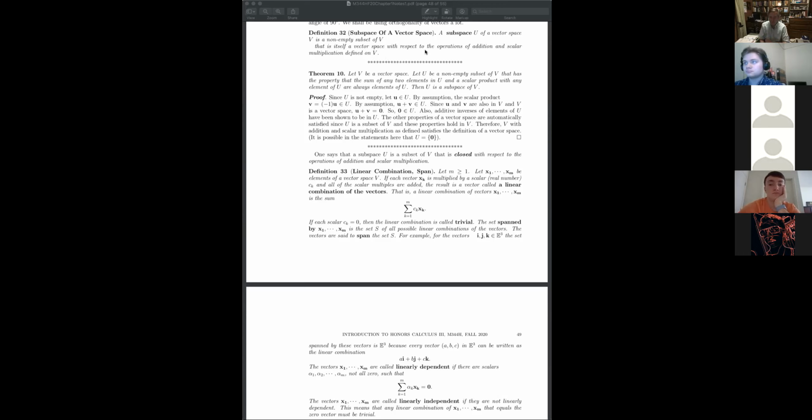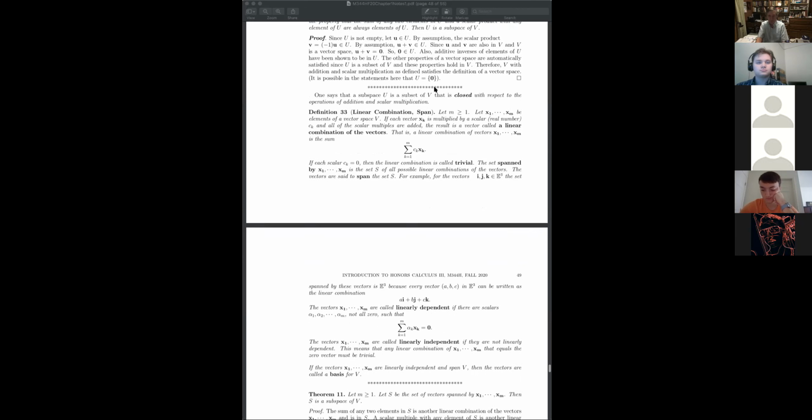But it's a subset of the other vector space. Now, theorem 10 here tries to give you criteria for when you know you have one. So if we take a subset, non-empty, that has the property that I gave above, that the sum of any two elements are in the set and the scalar products are there, then it is a subspace. It is a vector space in itself. Okay, that's the easy part.